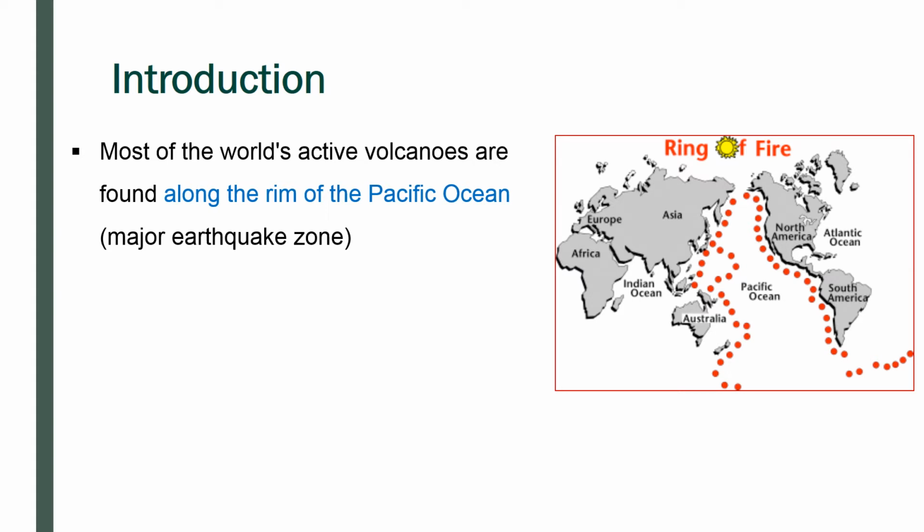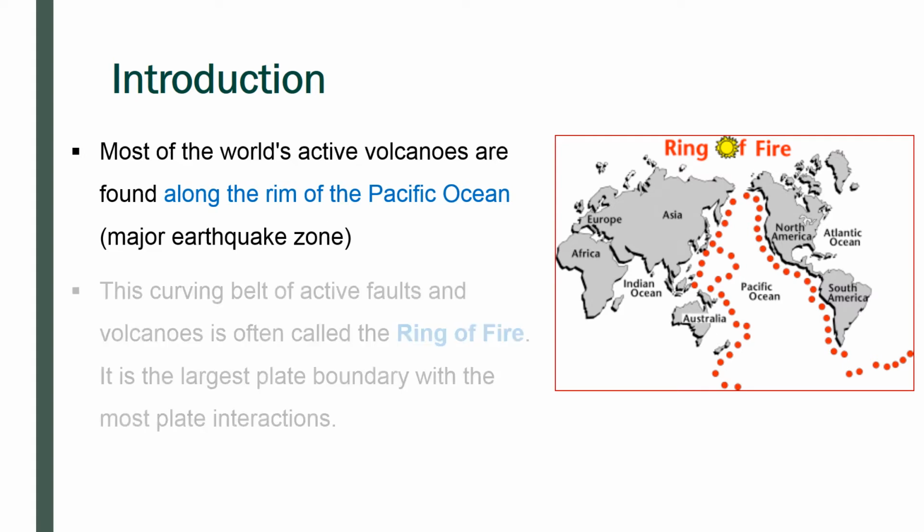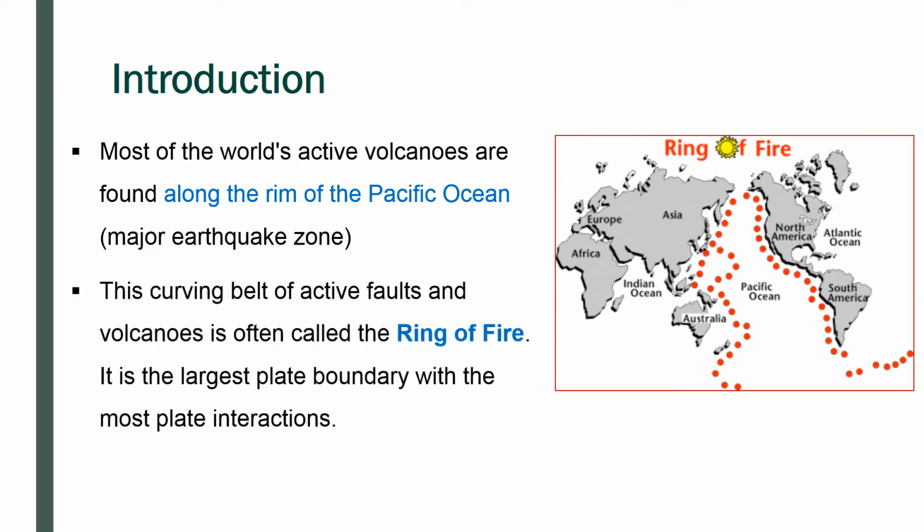As you can see here, around the Pacific Ocean, all these red dots. The curving belt of active faults and volcanoes is often called a ring of fire. It is the largest plate boundary with the most plate interactions.